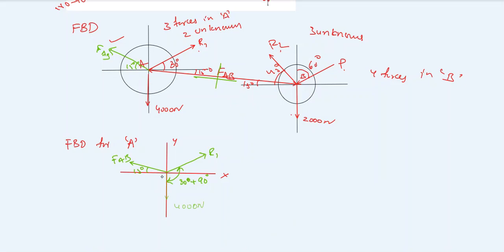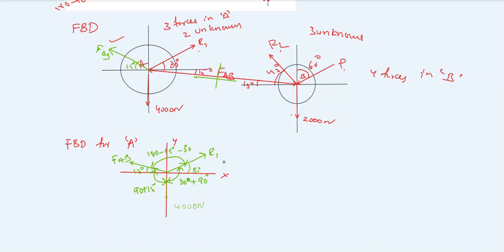So what is the angle between these two forces? 90 plus 15. To use Lami's theorem, you must know the angle between the forces. That's why I'm finding out the angle between the forces. So 180 minus 15 minus, this angle is 30, right? 30.